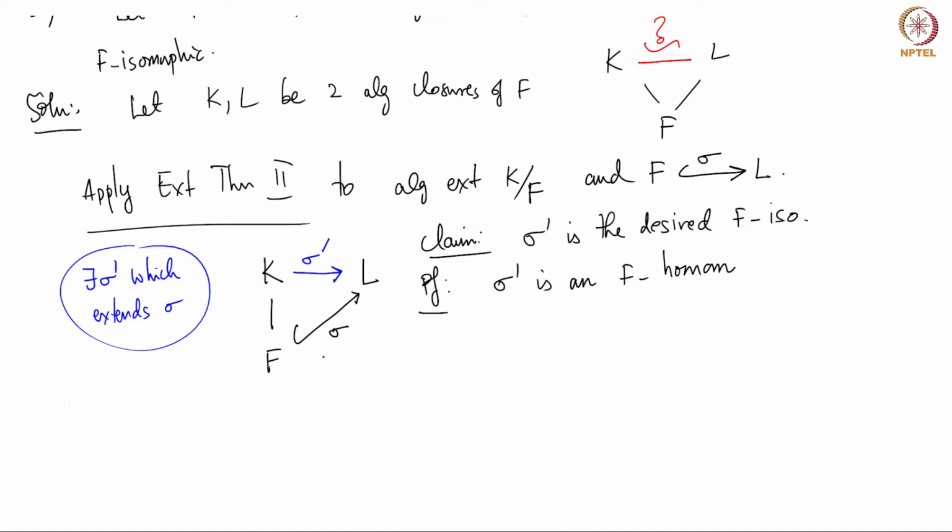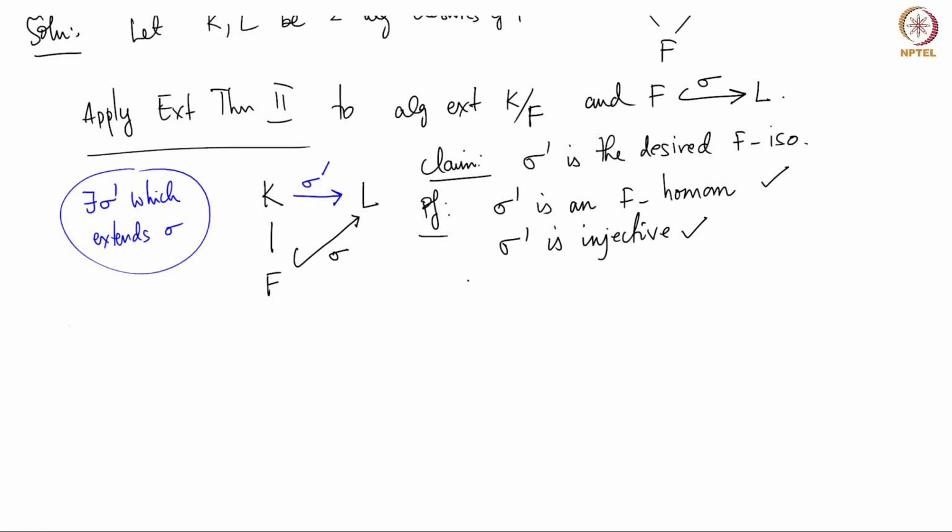So sigma prime fixes F. This is okay. Sigma prime is injective, or one-one in other words. This is because any field homomorphism is injective. So we only need to show sigma prime is surjective. If it is a surjective map from K to L, as it is also injective, it is an isomorphism.